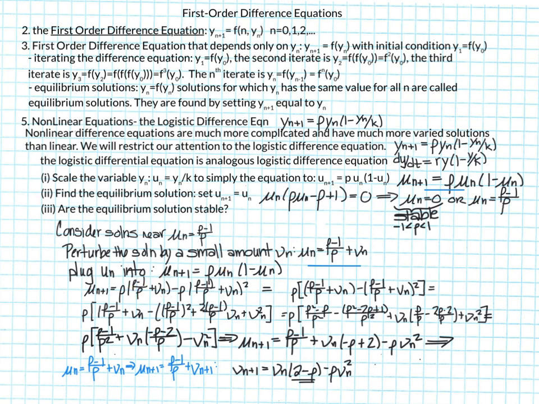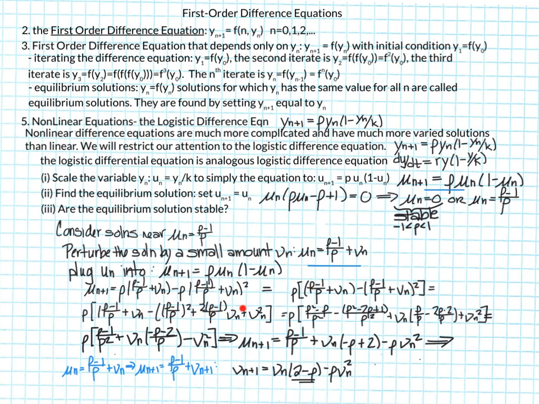So this is rho times rho minus 1 over rho plus vn, minus, and then multiplying this out, I'm going to have rho times mu n squared, so I take this mu n, which is rho minus 1 over rho plus vn, squared. Now algebraically, I'm just going to factor out the rho, and I get this expression here.